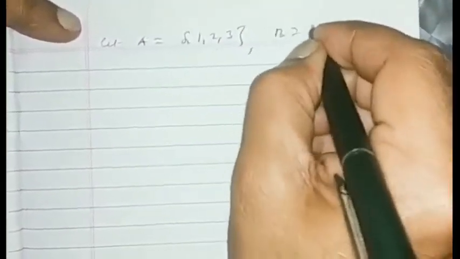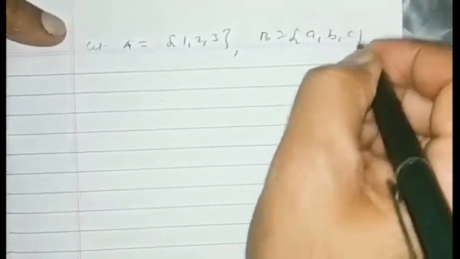Let A be any set {1, 2, 3} and B be another set {a, b, c} whose elements are a, b, c.